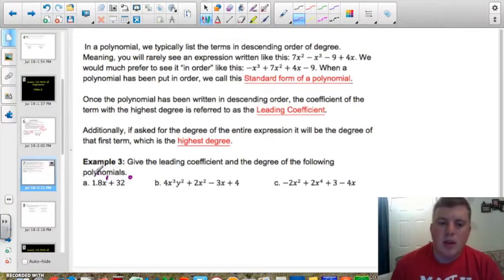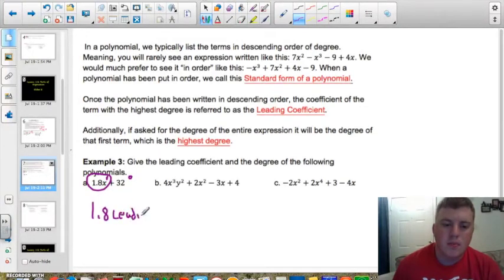That is going to be 1.8x to the first. Alright, our coefficient there is 1.8. That would be our leading coefficient. And then our degree is going to be the degree of that first term, which is 1.